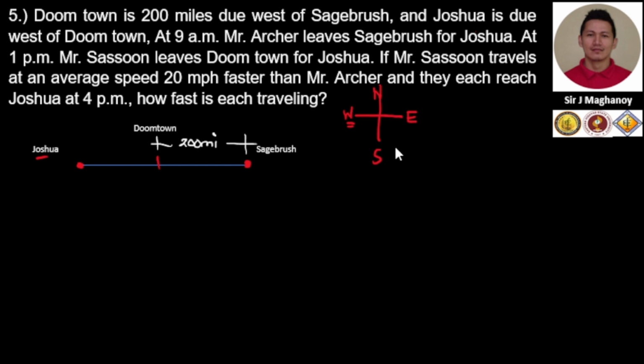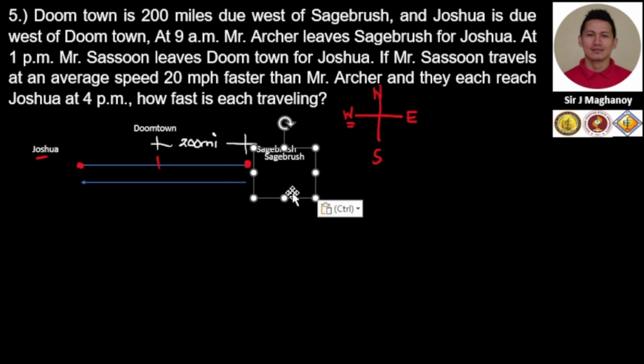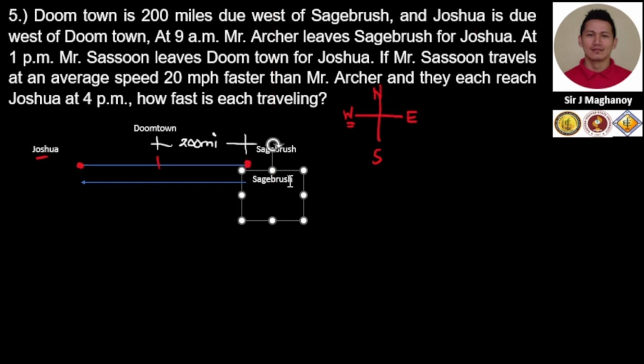So this is Sagebrush, and this is Mr. Archer, who leaves at 9 a.m. for Joshua.